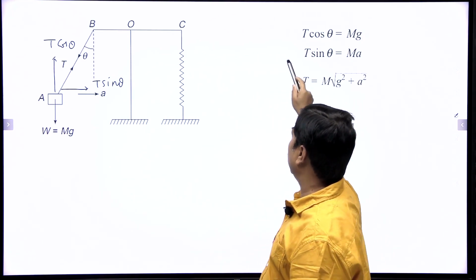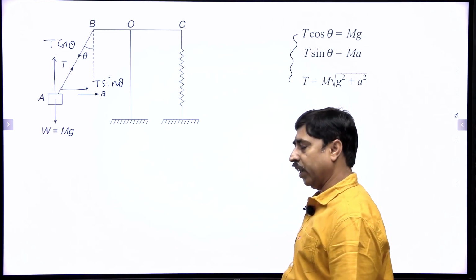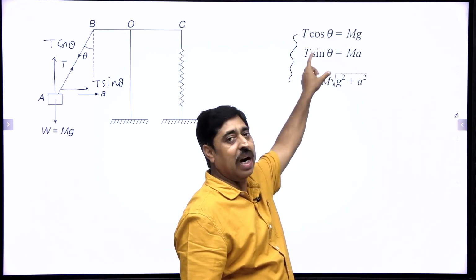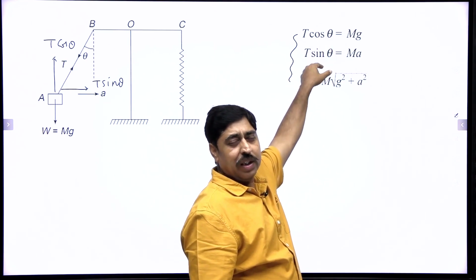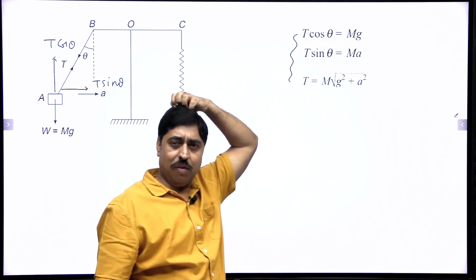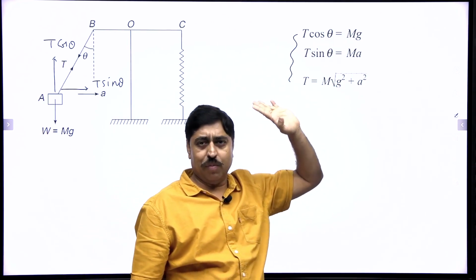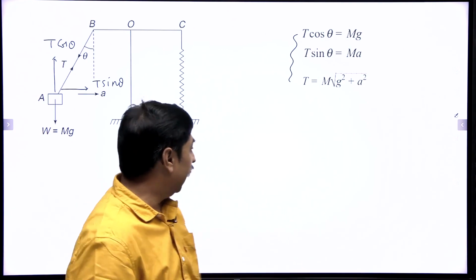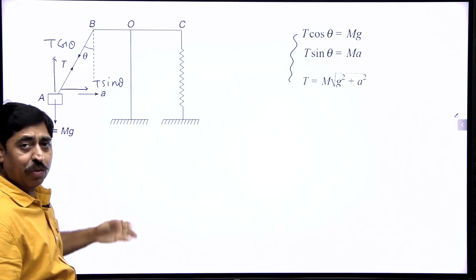If you wish to calculate the tension in this string, then of course you can square these two equations and add them. So cos square theta plus sin square theta becomes 1, T square becomes (mg) square plus (ma) whole square. So tension becomes equal to this much. So when the trolley was not accelerated, tension in this string was exactly equal to mg.